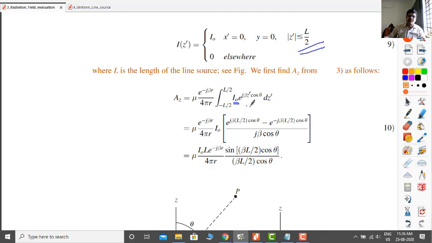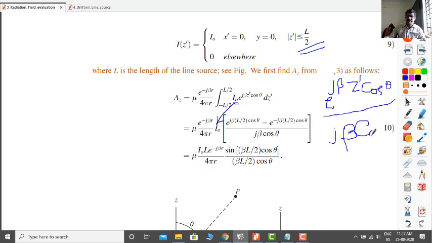Now you take the integral of this integrand, then it will become I0, then e raised to j beta Z prime cos theta whole divided by, taking the differentiation with respect to Z, j beta cos theta.